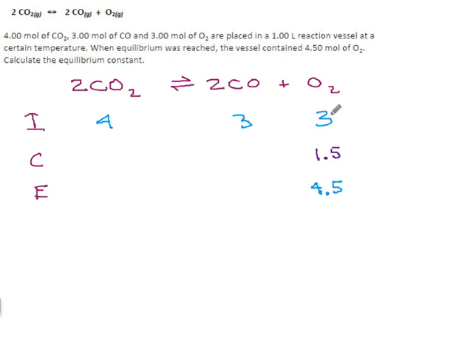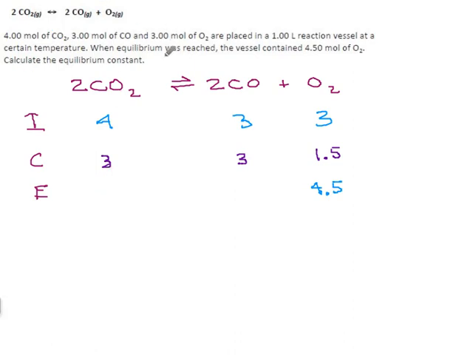So if we created 1.5 oxygens, apparently we created 3 carbon monoxides. And when you create oxygen, you create twice that much CO2, so this should be a 3 also. Or the simpler way, because these both have coefficients of 2, you can expect these numbers to be exactly the same all the time. So if this is 3, there's a 3 over here also.